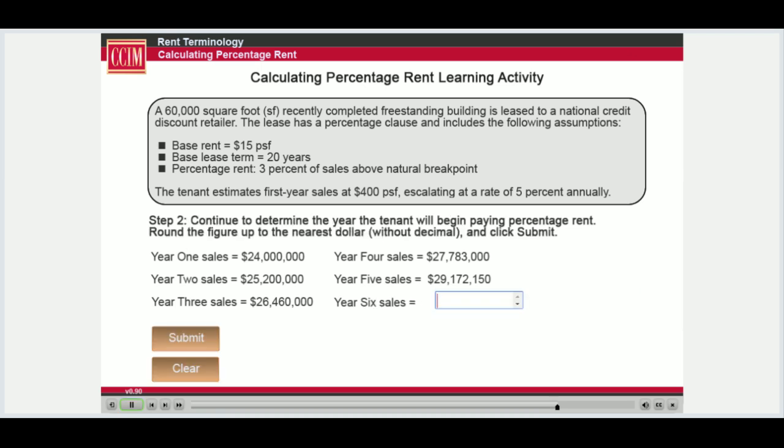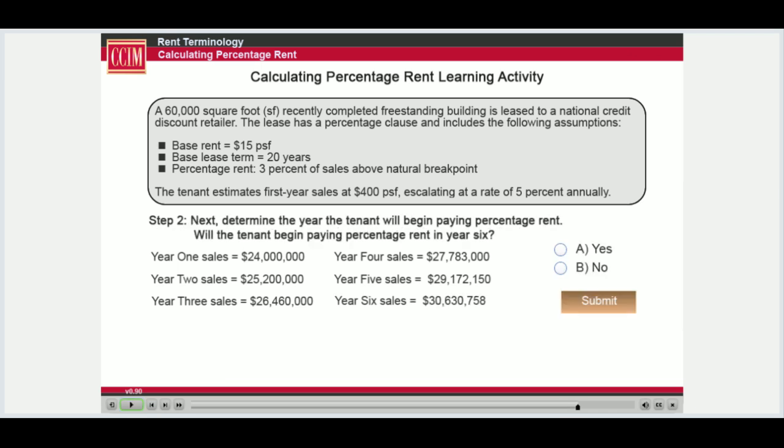Continue to determine the year the tenant will begin paying percentage rent. Round the figure up to the nearest dollar without decimal and click Submit. Will the tenant begin paying percentage rent in year 6?